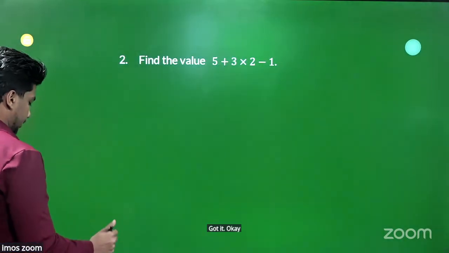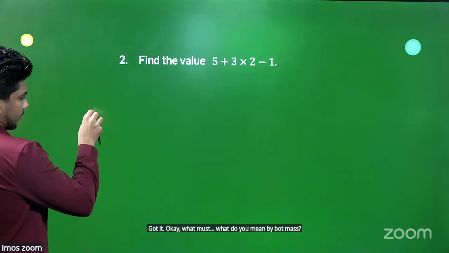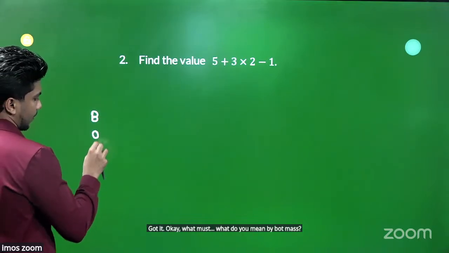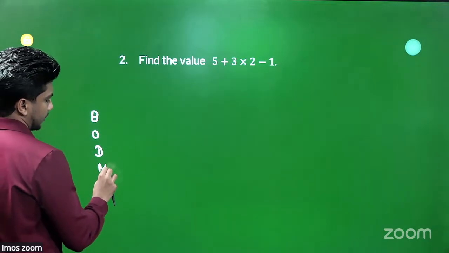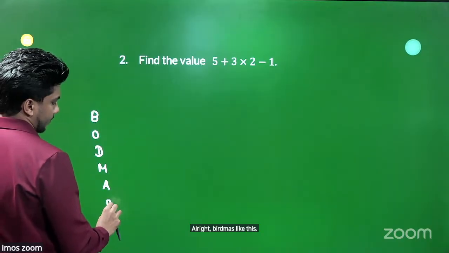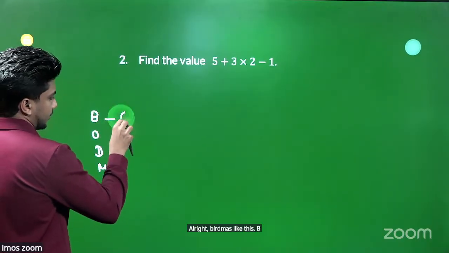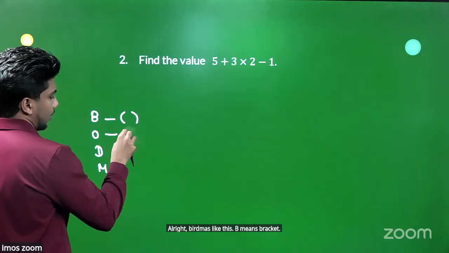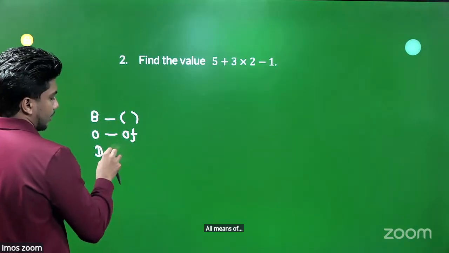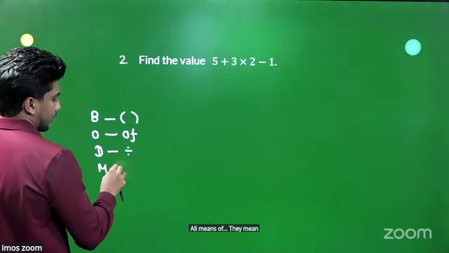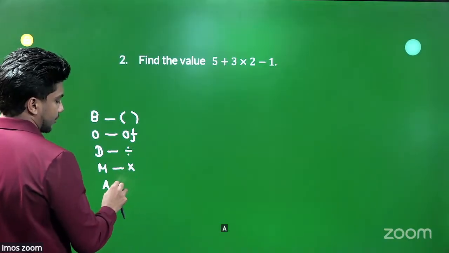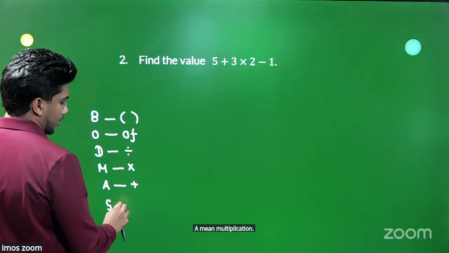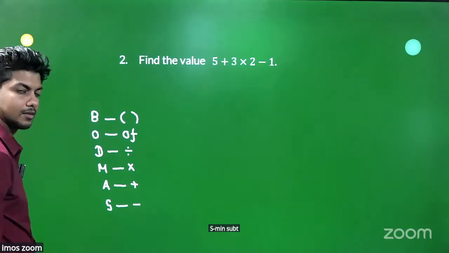Okay, BODMAS. What do you mean by BODMAS? I write BODMAS like this. B means bracket. O means of. D means division. M means multiplication. A means addition. S means subtraction.